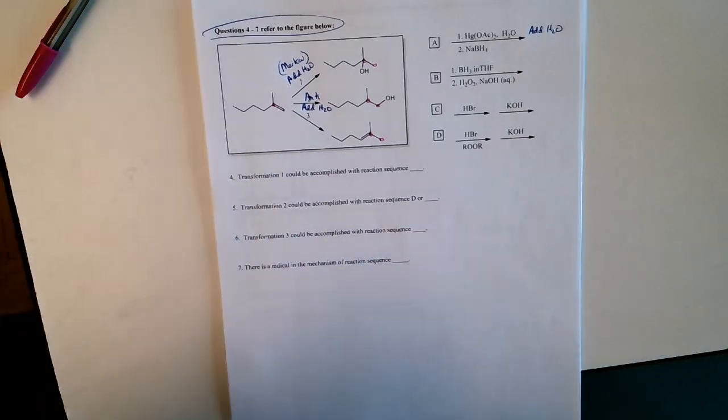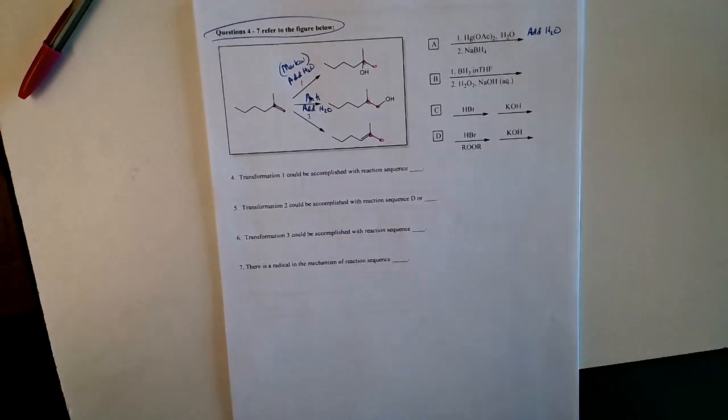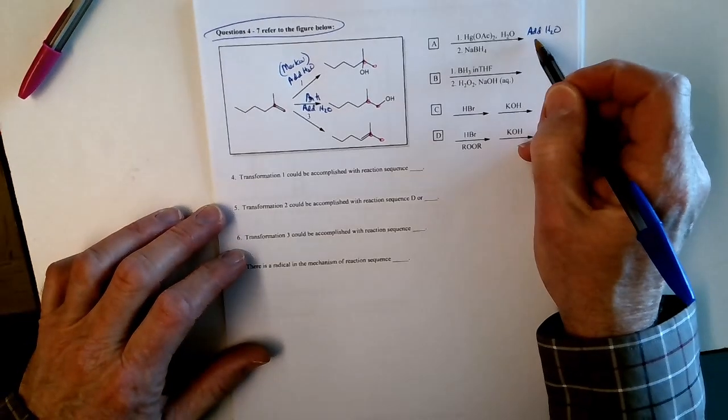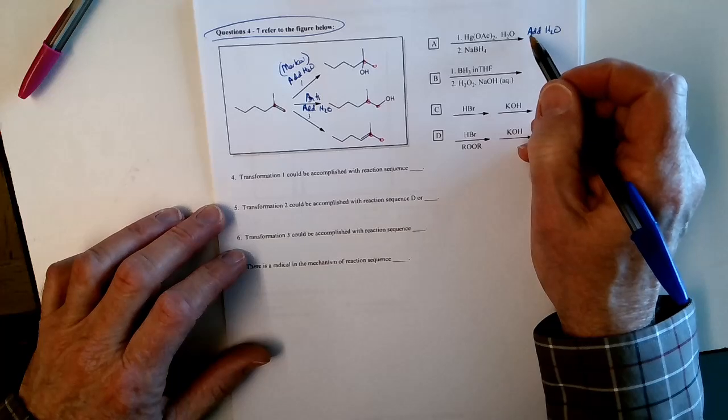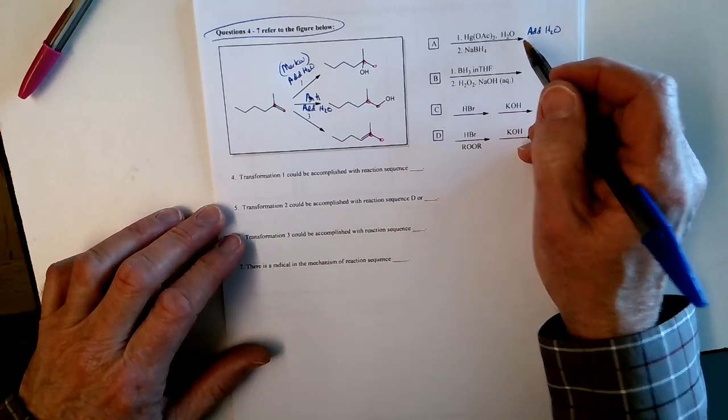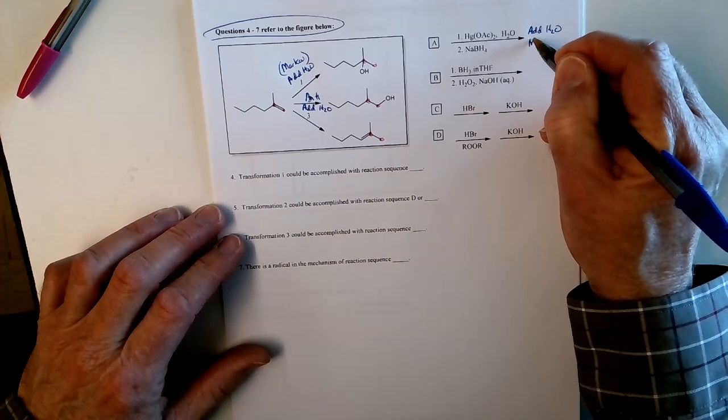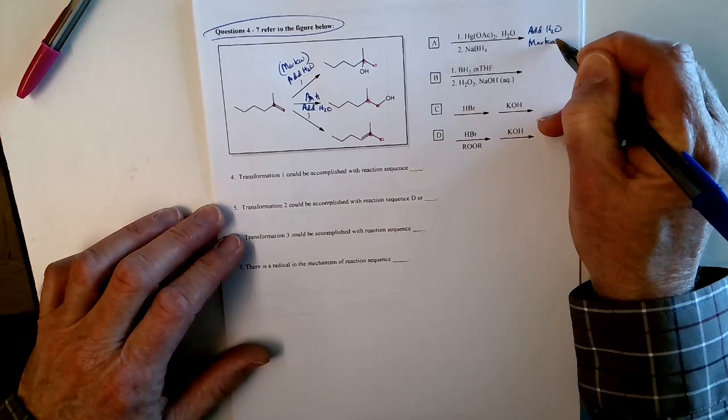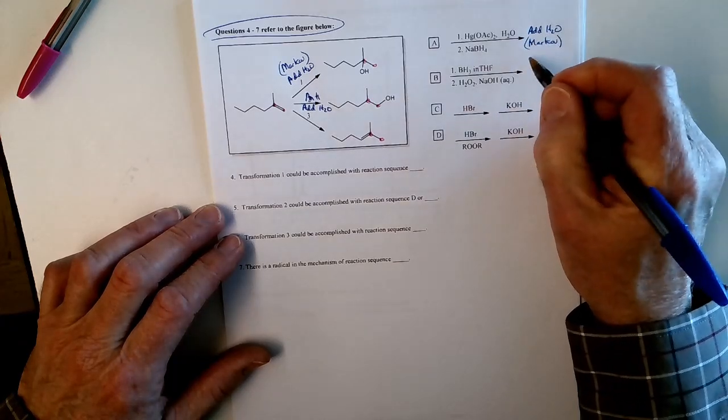And does anybody remember, is that adding it regular, no, Markovnikov, or is it adding it backwards? Markovnikov or anti? This one's Markovnikov. And the next one is just a way to reverse it.